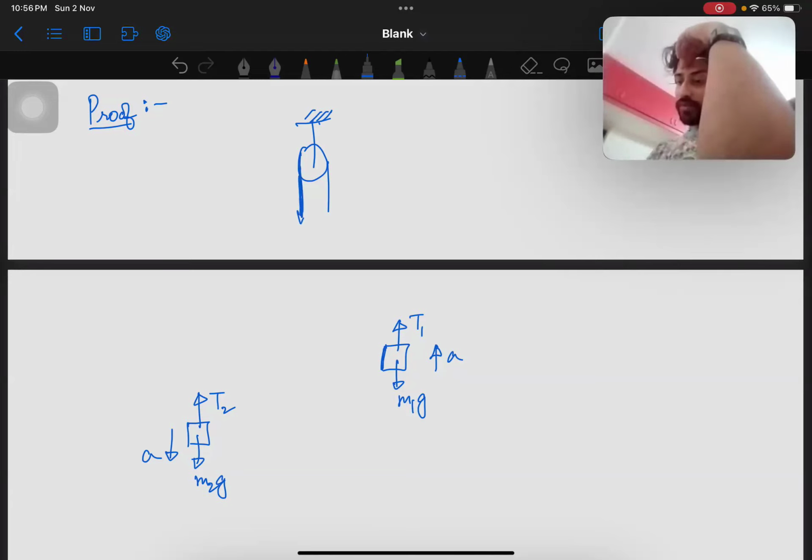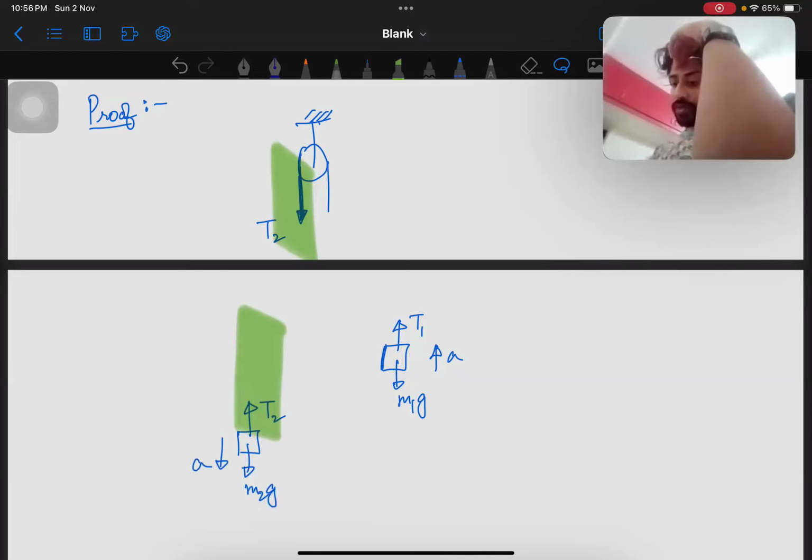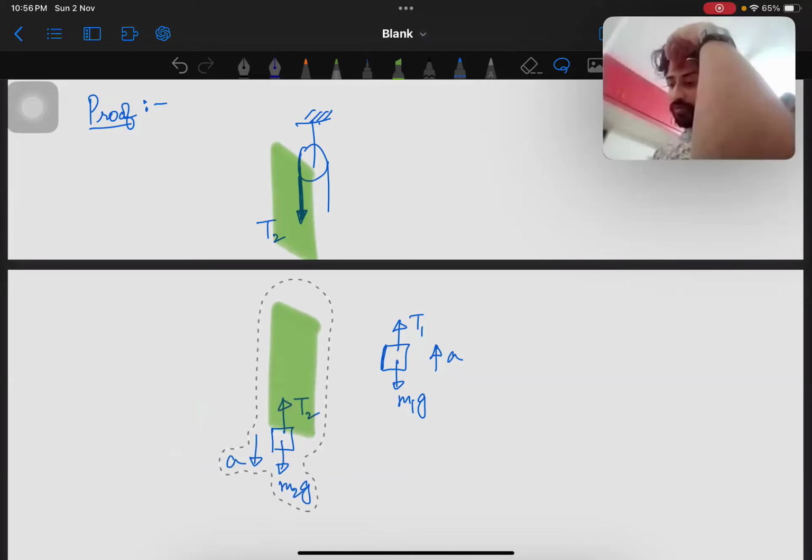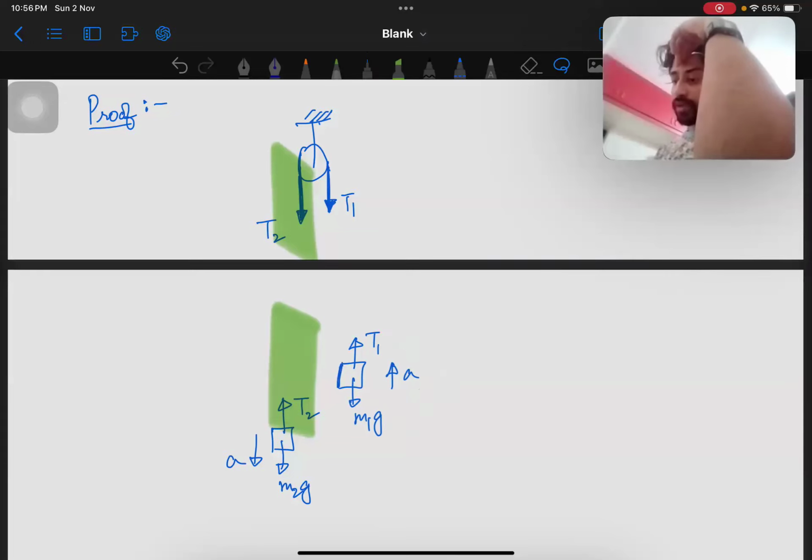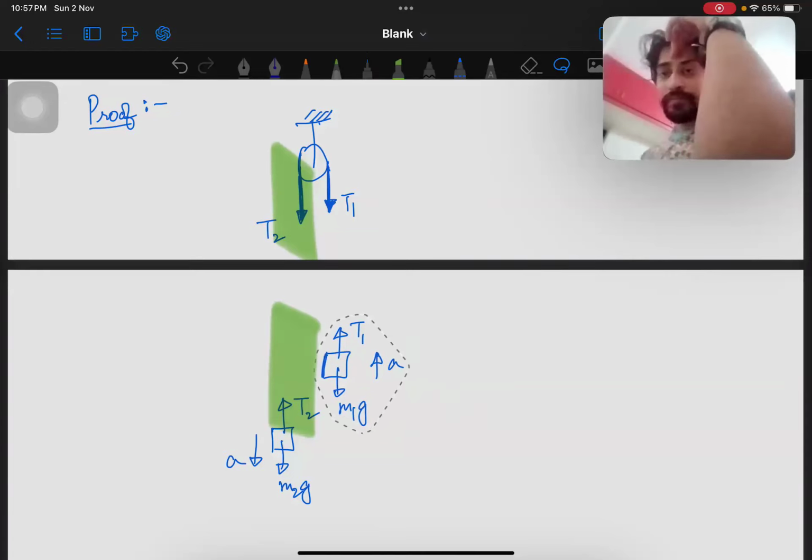In this part of the string there will be a force T2, because it's connected to this particular block. Similarly over here you would have the force T1, because you have the other block connected this way.